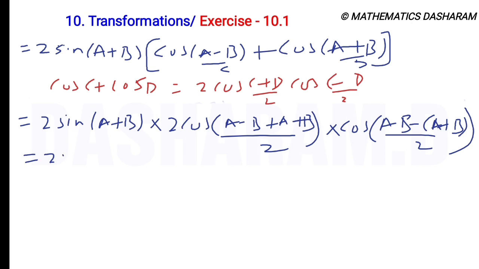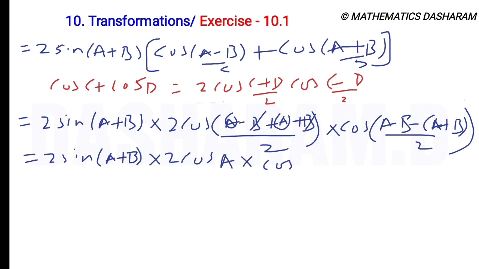So minus B plus B cancel, A plus A is 2A, by 2 is just A. Next, here cos(A minus B): now remove the bracket, minus A minus B by 2.